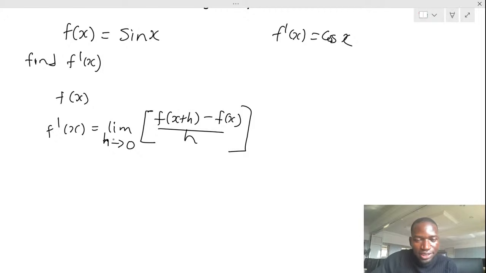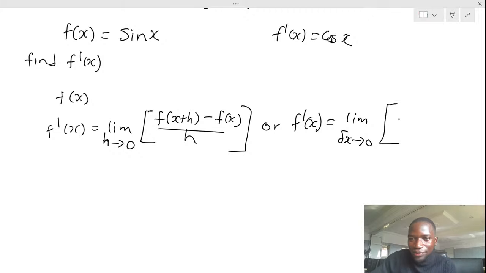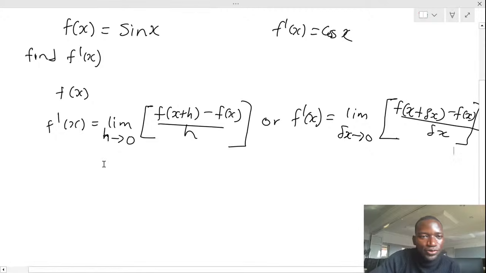And I told you that this h is the same thing as saying delta x or small letter delta. You have it like this or you have it like this. So we did that in the last video, delta x or h, whichever one. All right, so let's use this method to prove it.